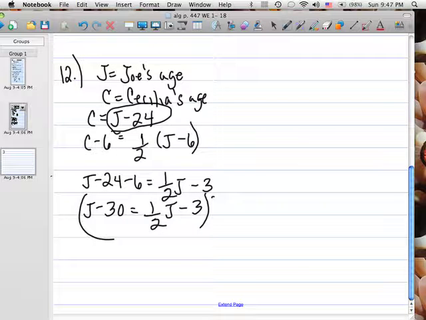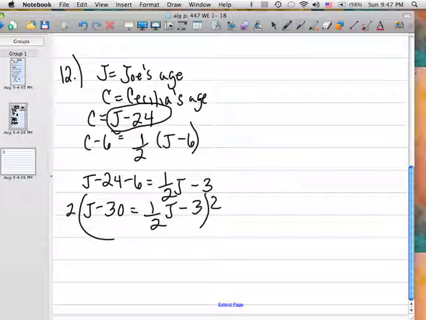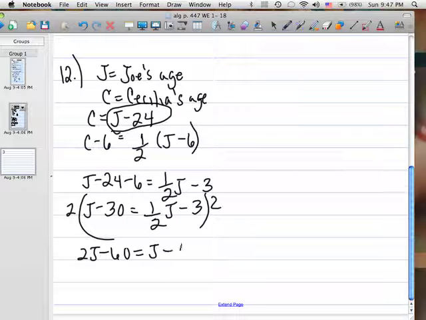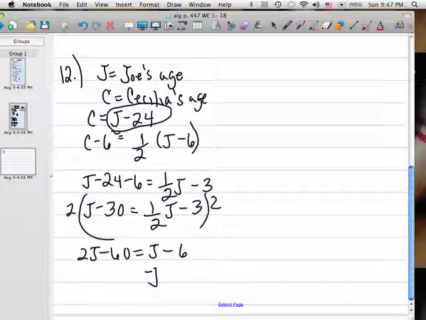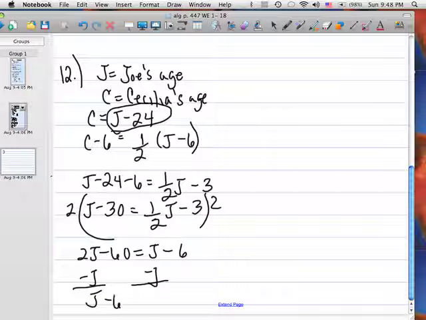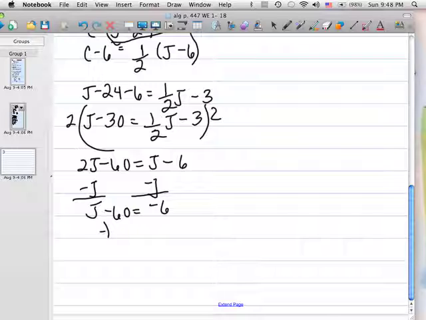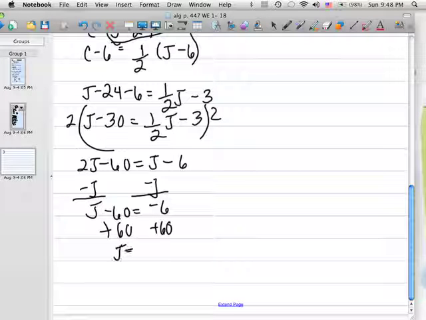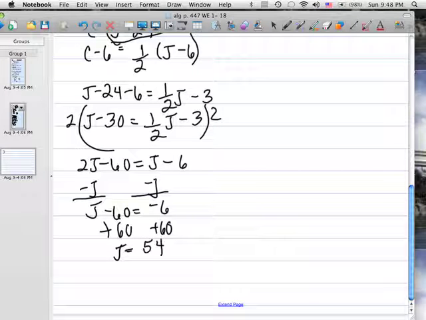Multiplying by 2, I get 2J minus 60 equals J minus 6. Subtract J from both sides. I get J minus 60 equals negative 6. Add 60, and I get J equals 54. So Joe is 54 years old.